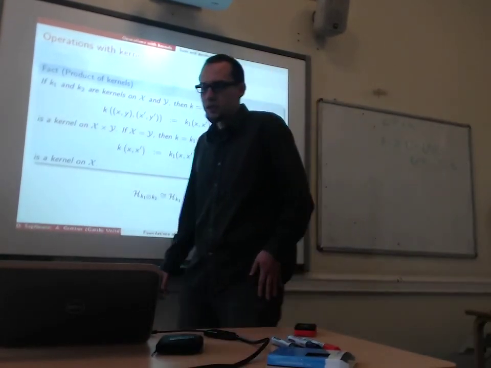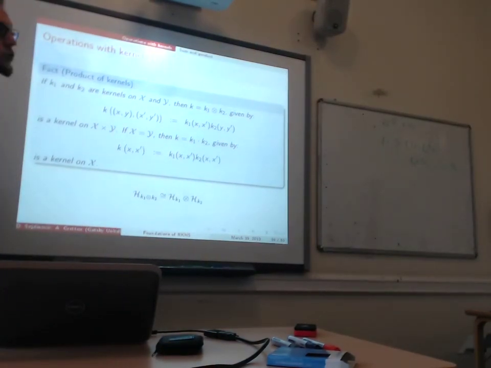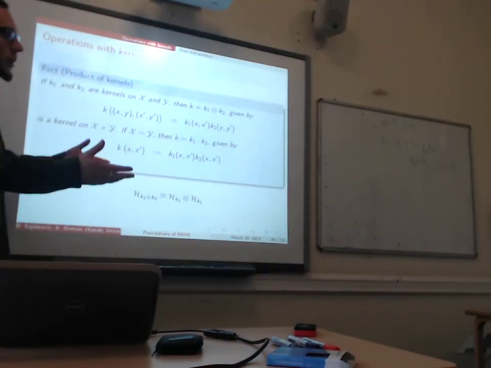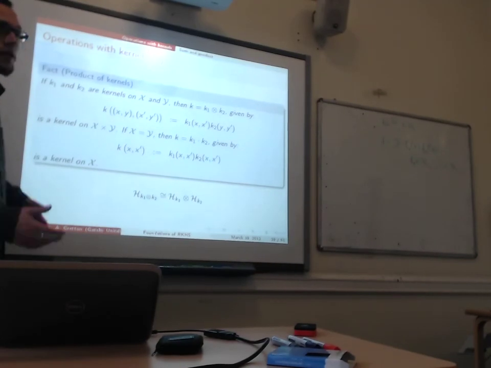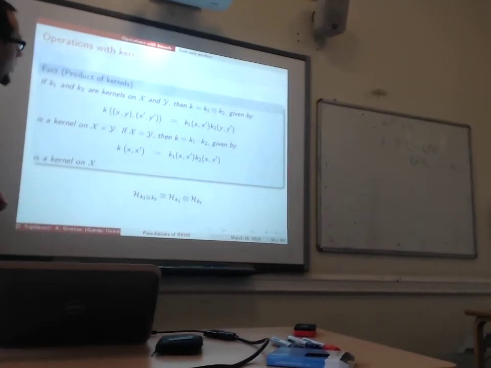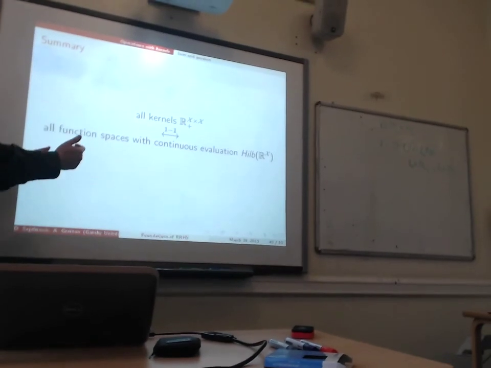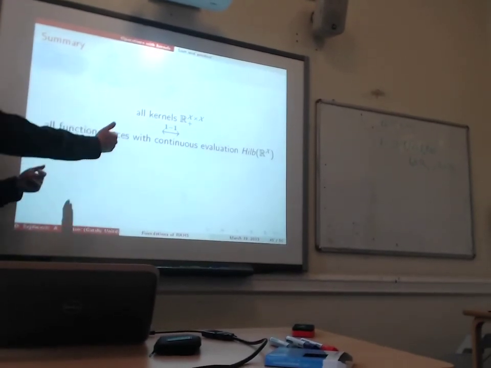So that's somehow the simplest thing that you can consider on the product space. You just multiply all the functions in the original RKHSs together and sum them up.